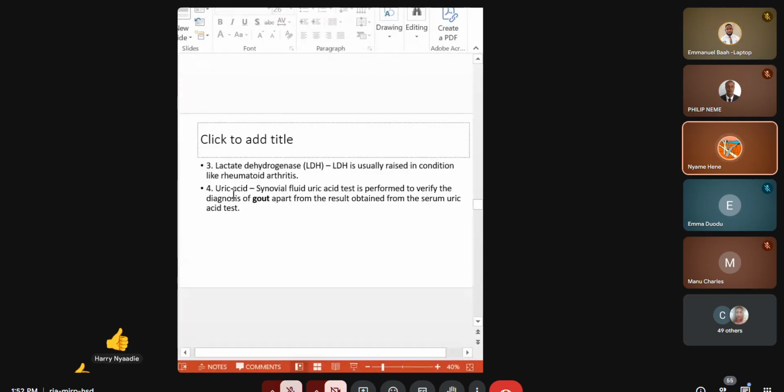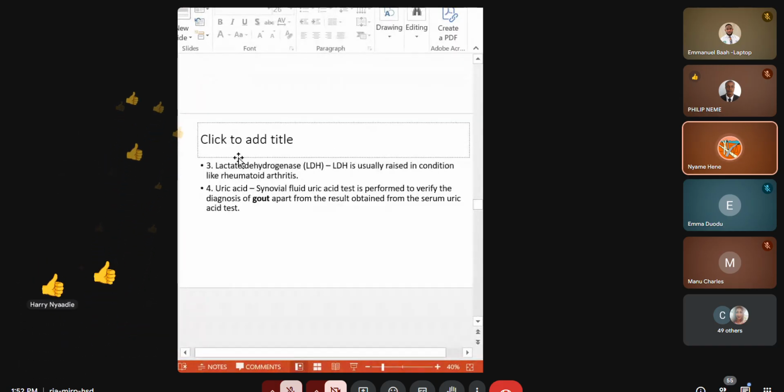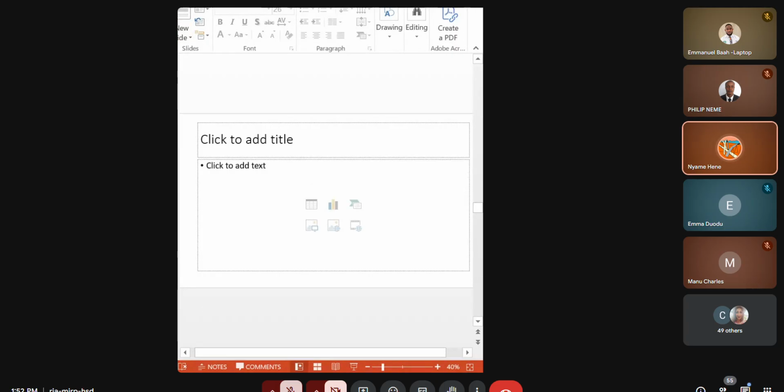So we also look at lactate dehydrogenase as part of the synovial fluid. Give me one second.